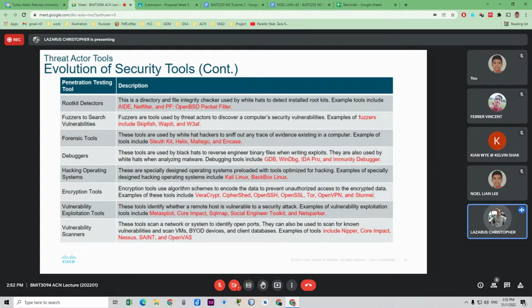Then you have Cryptcat, OpenSSH, OpenSSL. OpenSSH is Secure Shell, right? And then you have Tor. Tor is a browser that hides you from anybody wanting to know what you're searching for or browsing. It also opens access to the dark web.